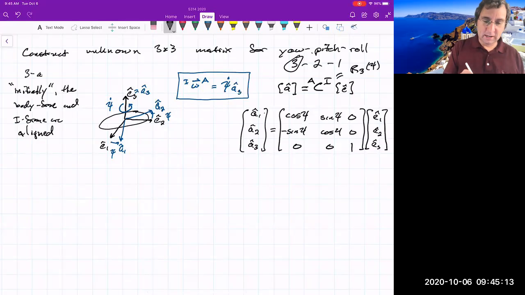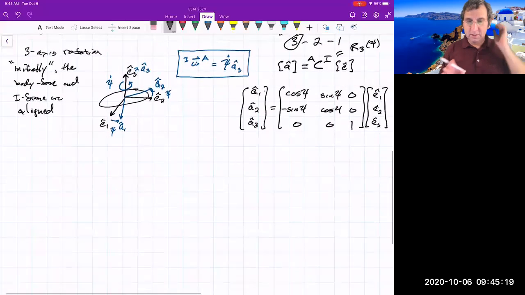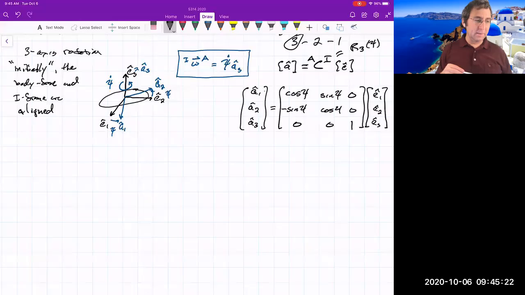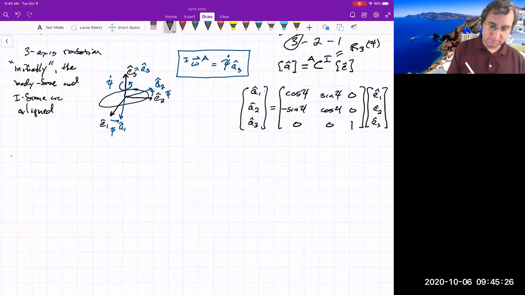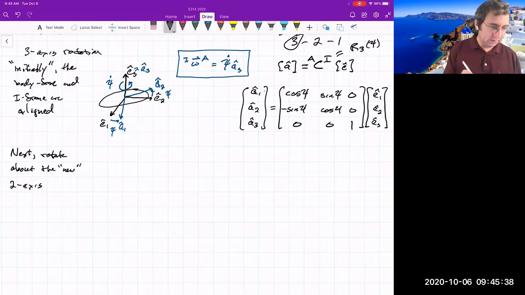Now we've got this new set of coordinates, A1, A2, A3, and next we will rotate about the new number 2 axis. I'll put new in quotes, 2 axis.